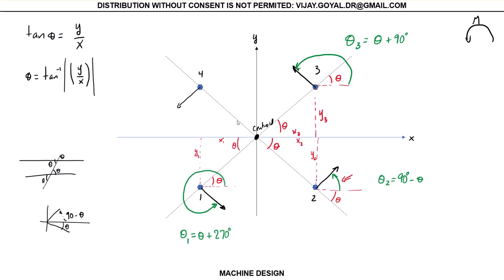The last angle is this angle right here that's going to be found by using y4, x4. By using your angle properties, if you find this theta, then this would also be theta.